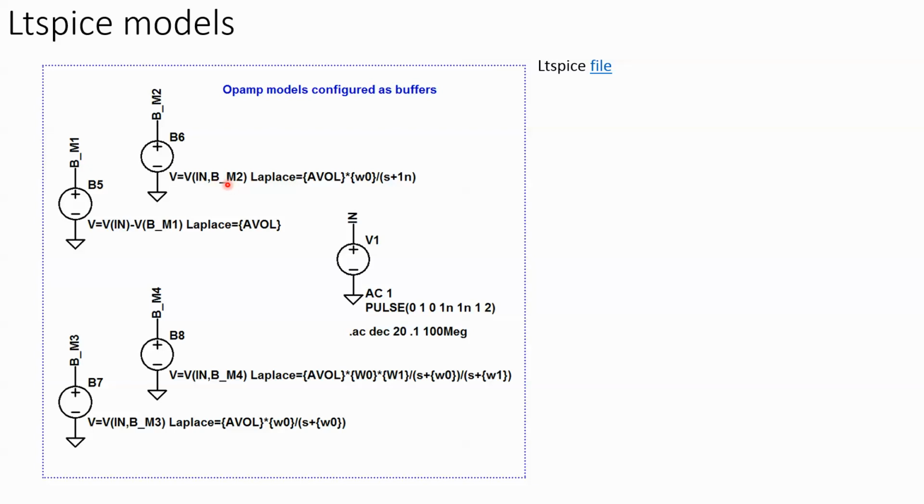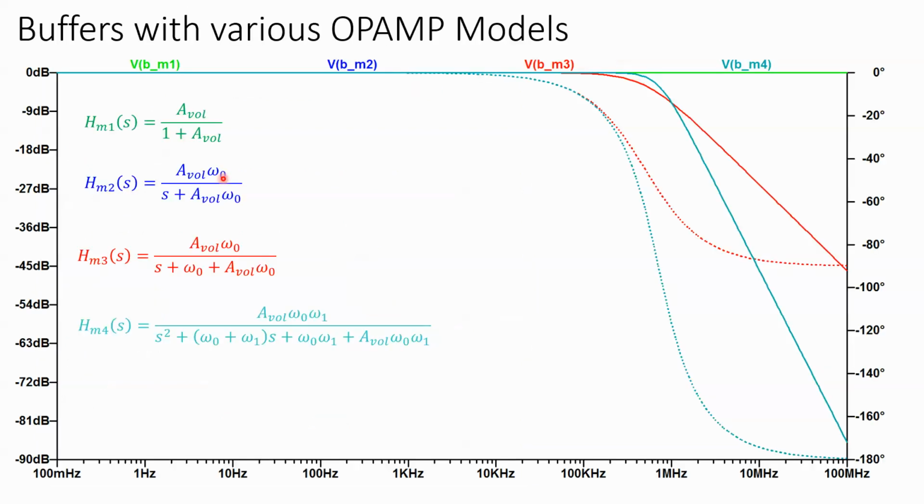If I wanted a beta, I could put 0.5 times that, and then I would actually have a gain of 2. Then I have the Laplace transform part. So really, V in minus VB1 is the long way to do it. Using the comma makes this minus that, which is a shorthand. LTspice file you can download.